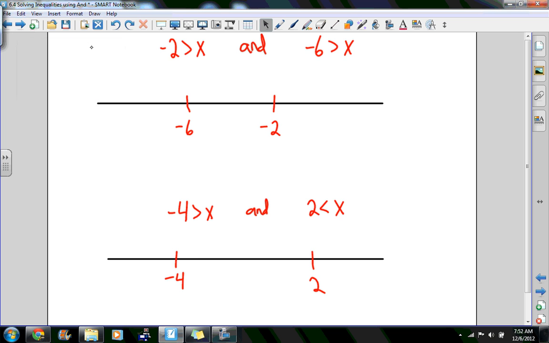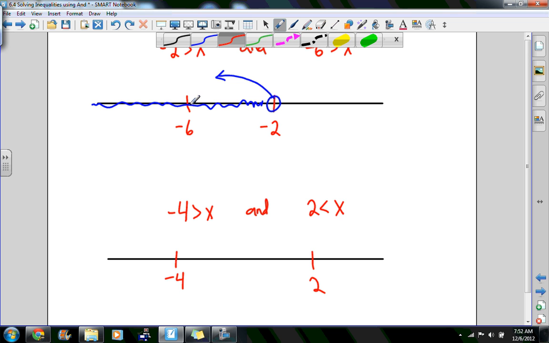Two types of problems you got to hold out for, okay, that might happen, and you got to be ready for it. Top one, -2 is greater than x. So here's -2, and x is smaller, so I'm going to be shading to the left. Okay, and so it would look like this. And this one, -6 is greater than x, so it's an open circle, and I'm going to be shading to the left.